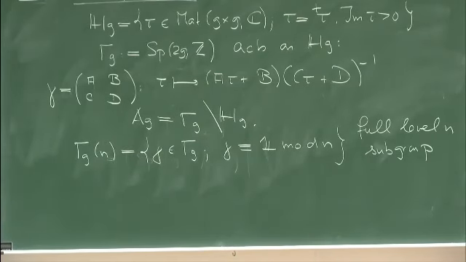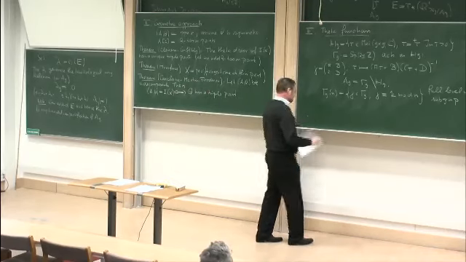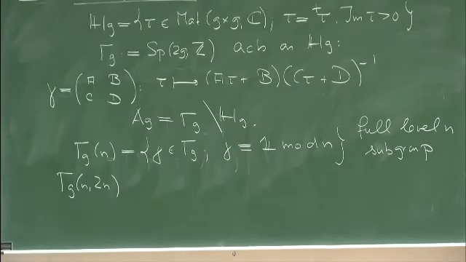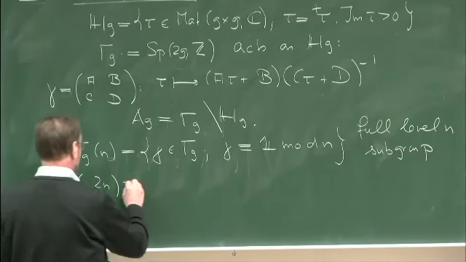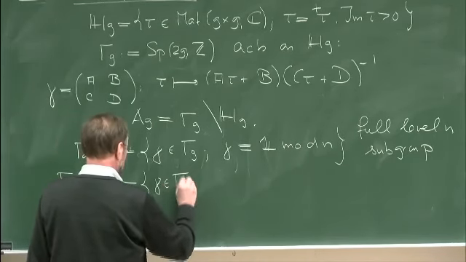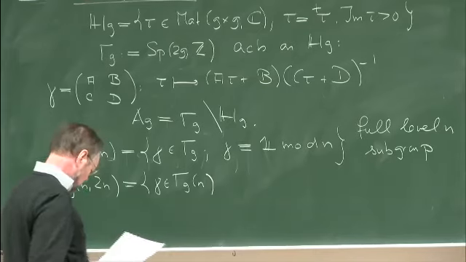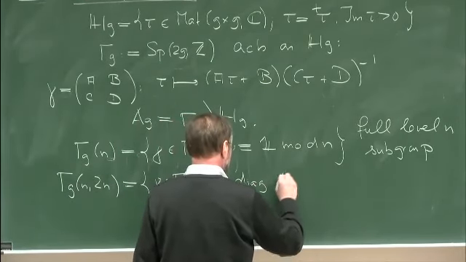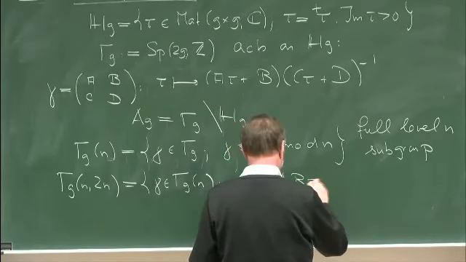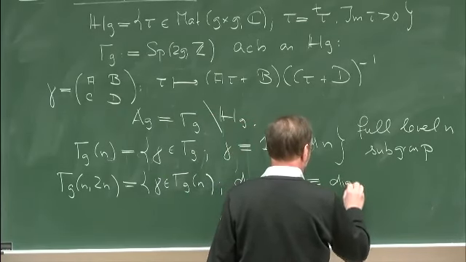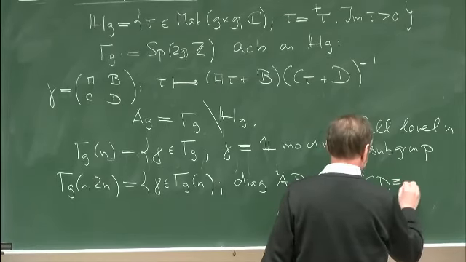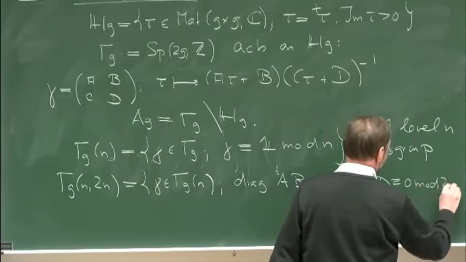And we need, for technical reasons, because of the theta constants which are implicitly in the picture, the group gamma_g(n, 2n), which is all gamma in gamma_g(n) with diagonal of A transpose B congruent to diagonal of C transpose D congruent to 0 mod 2n.